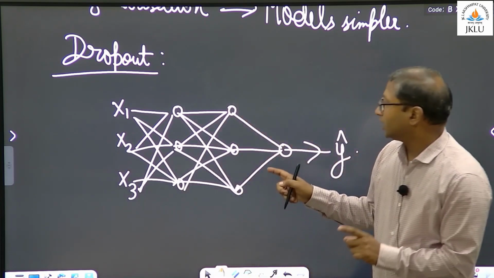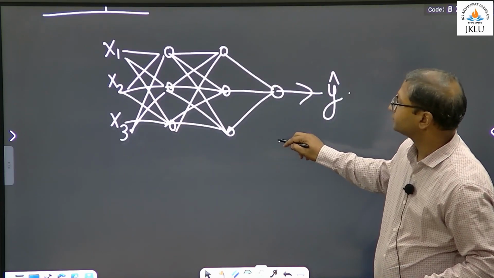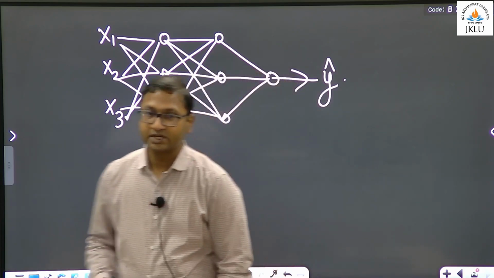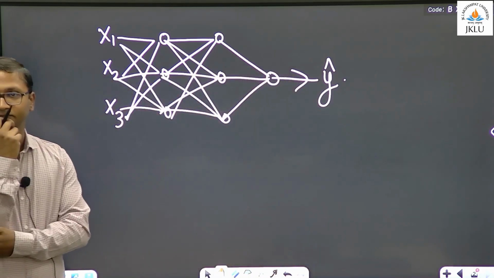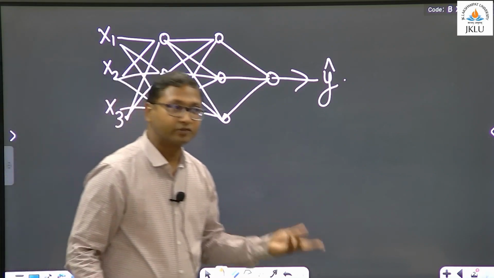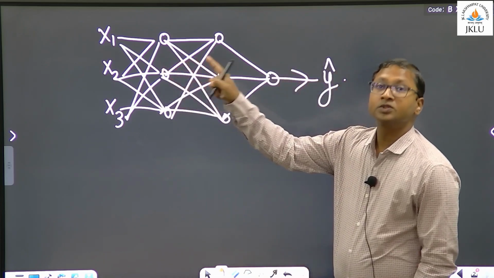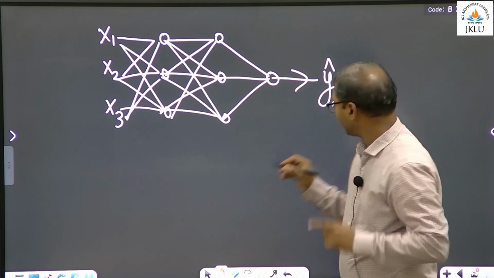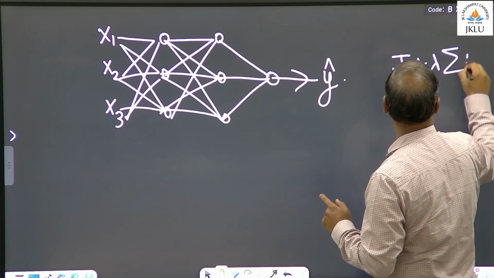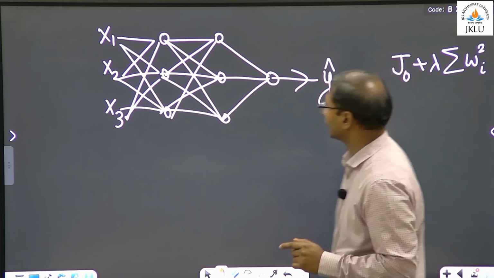Now, if you were doing L2 regularization, what would you do in this case? Squares, right. Whatever the original J0 was, you will add lambda times Wi square, and there are a lot of them.